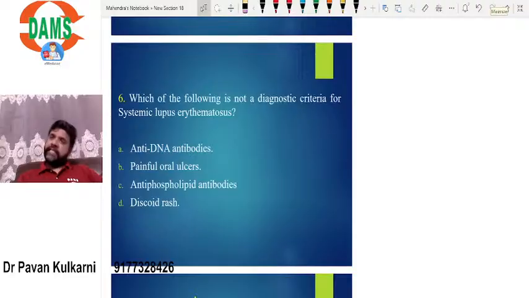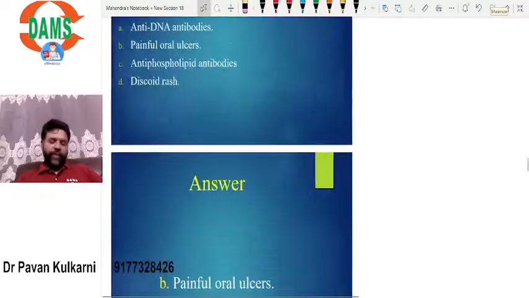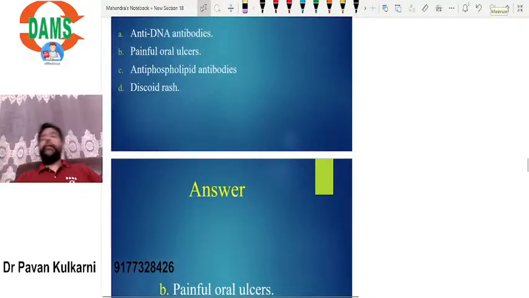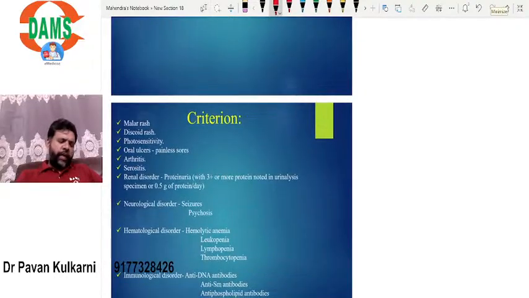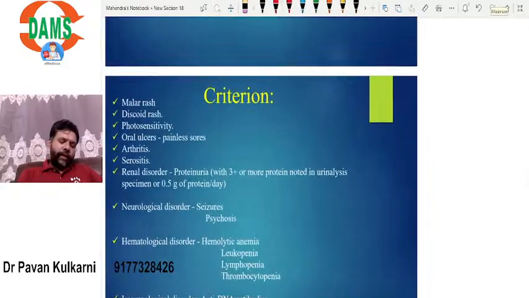Anti-phospholipid antibodies, yes, you can see in SLE. Discoid rash, sometimes you can see something called a discoid rash, which is your butterfly rash that you see in SLE. So the correct answer is that painful oral ulcers is wrong. In SLE, the oral ulcers are painless.